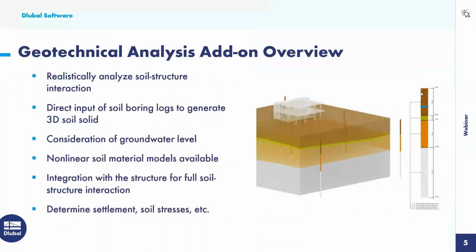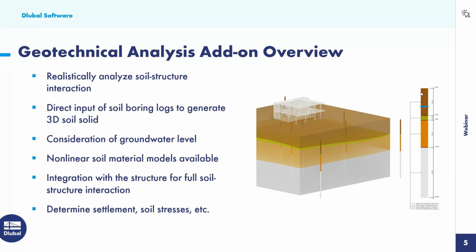So here on the next slide, I want to give a quick overview of the geotechnical analysis add-on and some of the benefits that it can bring to us. With this add-on within the program RFEM 6, we can realistically analyze soil structure interaction. We do so by directly inputting what we call the soil boring logs.